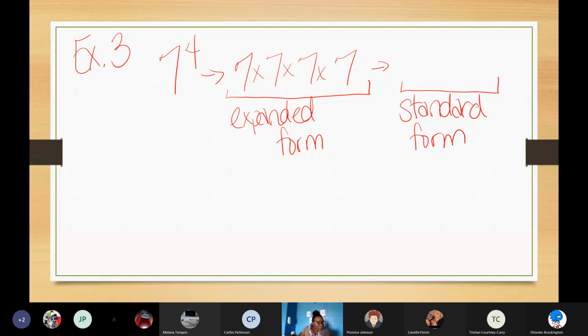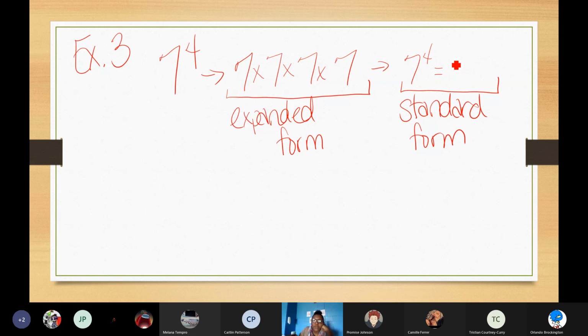Isaiah, could you tell me, please, what is the answer to 7 to the 4th power? Seven to the 4th power would equal what?